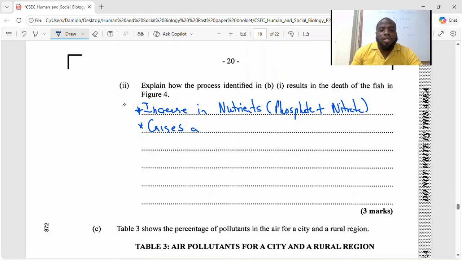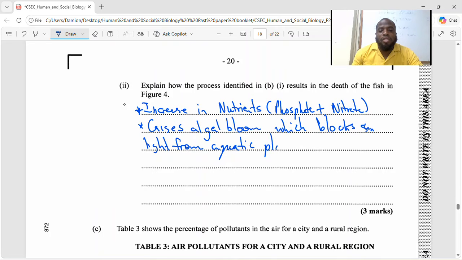Causes algal bloom, which blocks sunlight from aquatic plants.